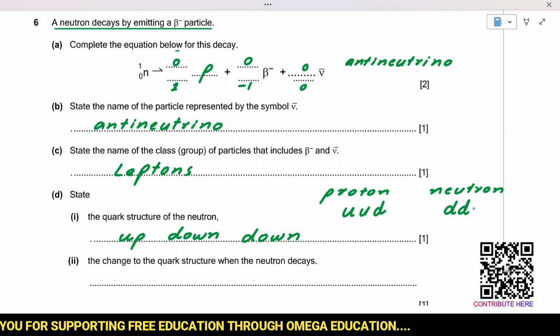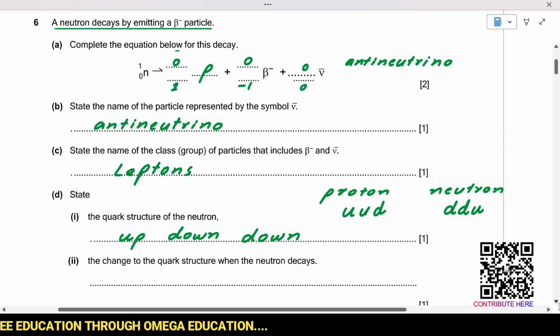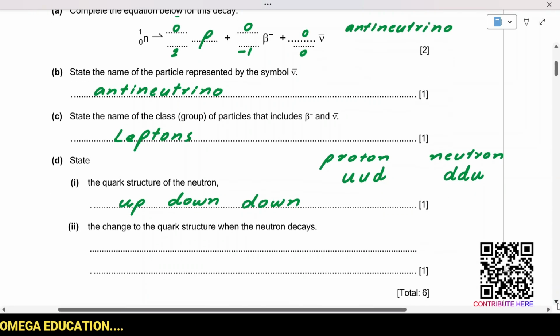Neutron is down, down, up. The change to the quark structure when the neutron decays: one of the down quarks is changed into an up quark.